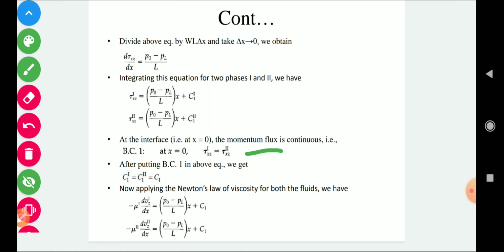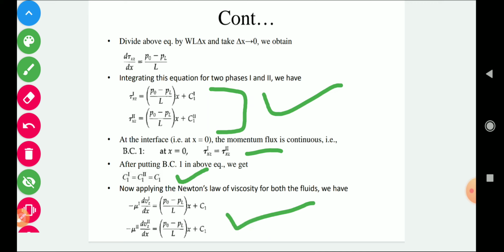So if we apply this boundary condition in these equations, we get C11 equal to C12. Let's call this C1. So if we put C11 equal to C12 equal to C1 in this equation, finally we get this equation, where this constant is replaced by C1.